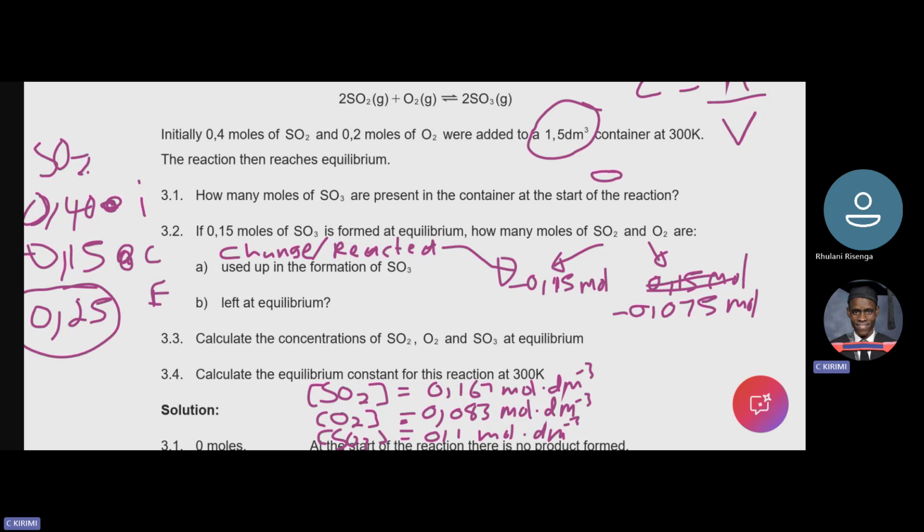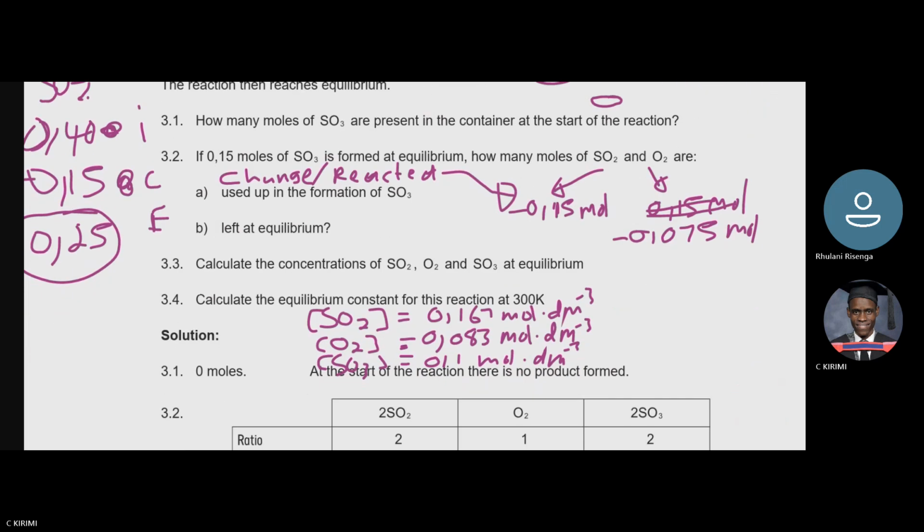Tell me what is the value of your Kc. 4.32. 4.3. True. 4.32 is correct.